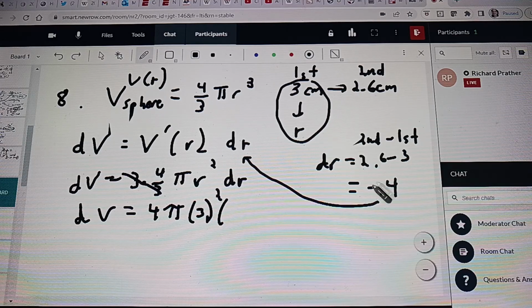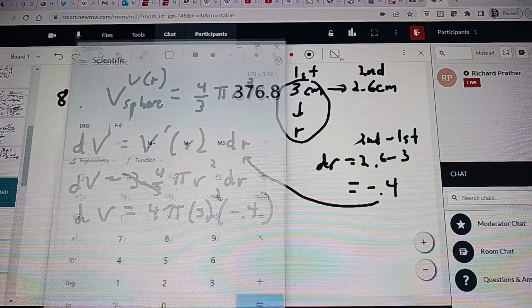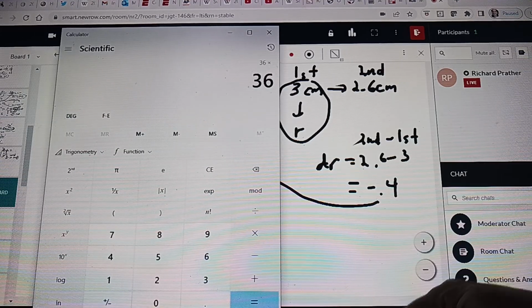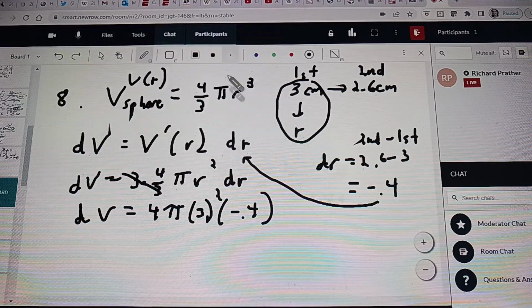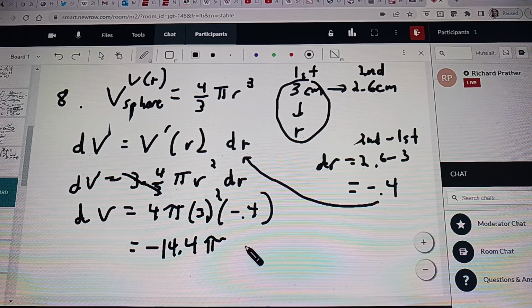And plug in negative 0.4 for the change in r. 3 squared is 9. 9 times 4 is 36. 36 times negative 0.4 is negative 14.4 pi, if they want pi left in there.